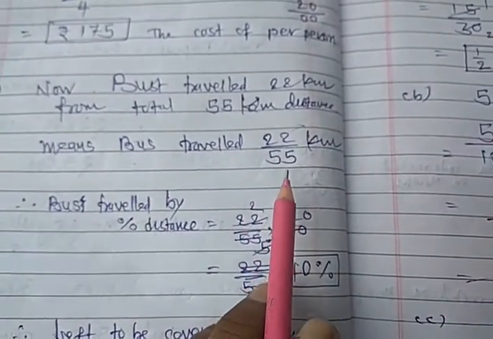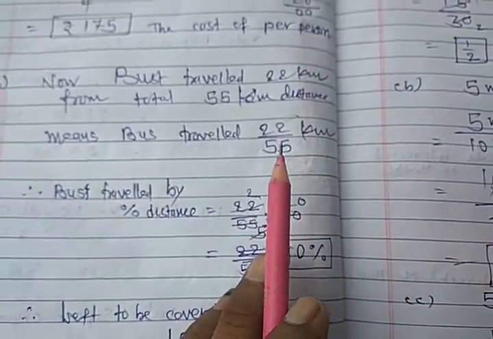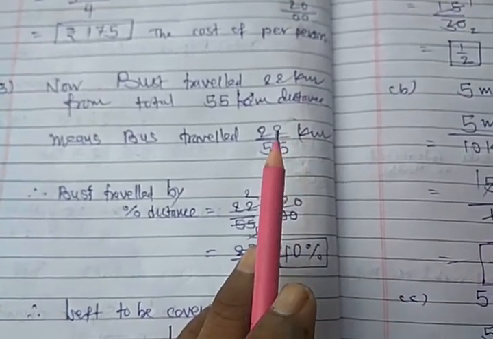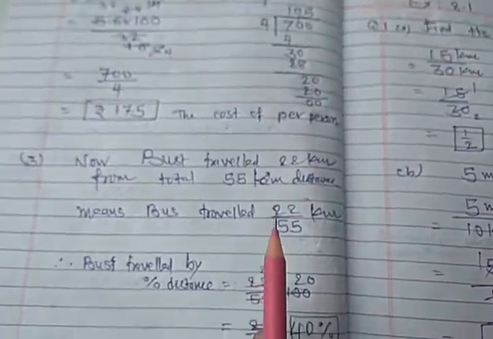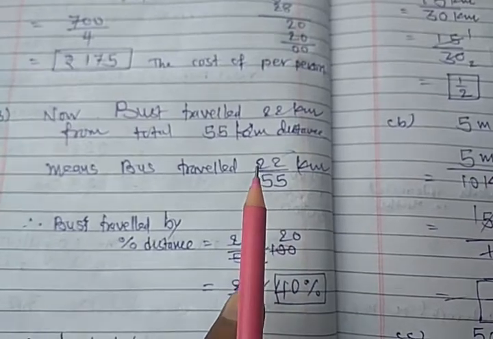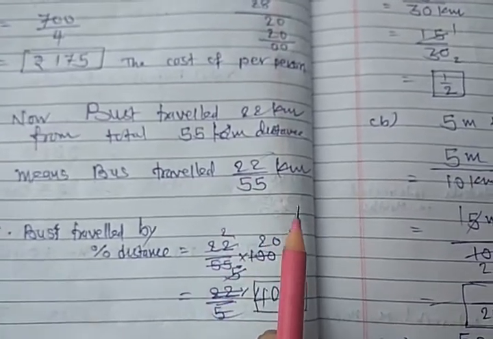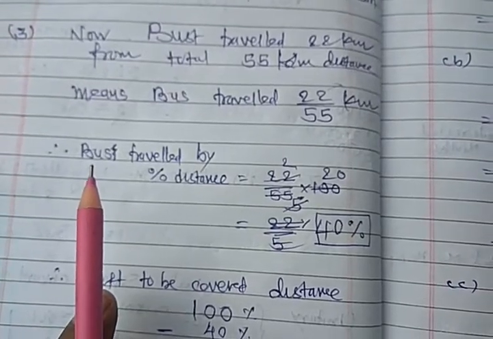22 upon 55. It is like this: suppose you got 10 marks out of 20, so your marks are 10 out of 20. Similarly the bus travels 22 kilometers out of 55. So we write it this way, 22 upon 55. Now we have to find out the percentage of the distance.